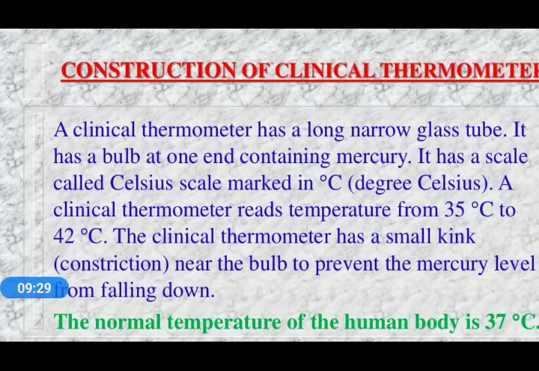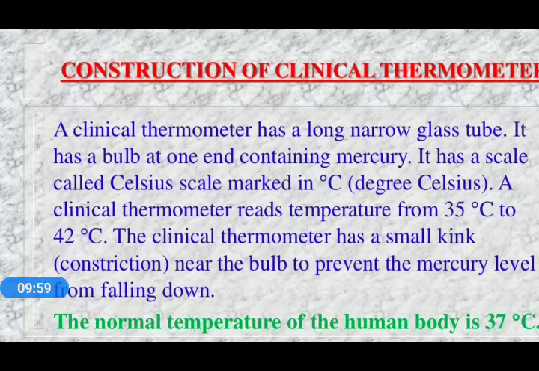A question arises: why does the scale of a clinical thermometer go from 35 degrees Celsius to 42 degrees Celsius? The reason behind it is that the body temperature of the human body is 37 degrees Celsius. That means when we are measuring the temperature of the human body, it is already about 37 degrees Celsius.